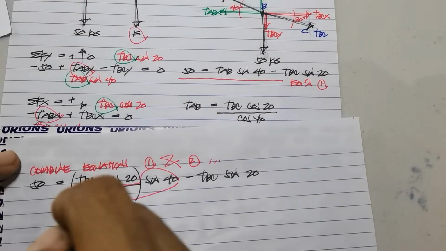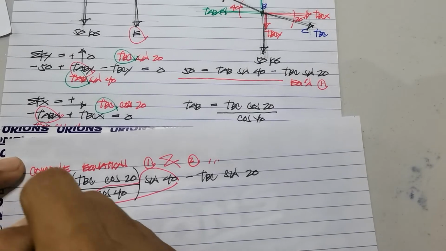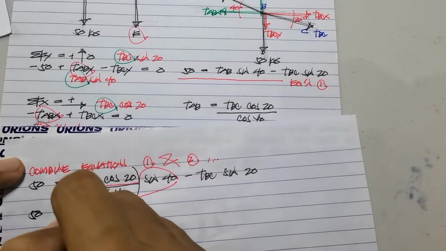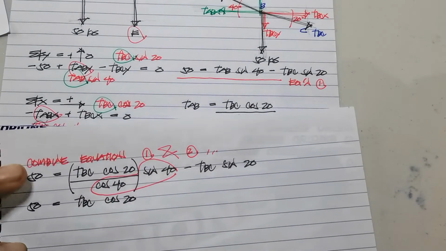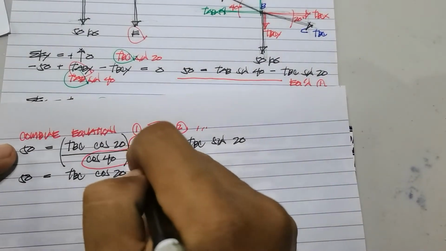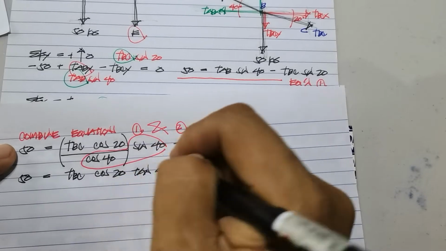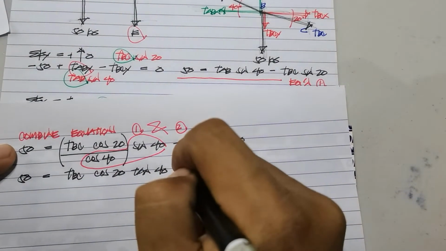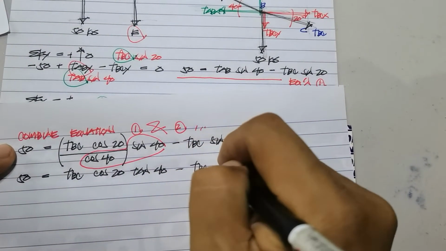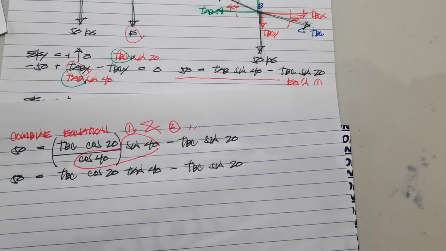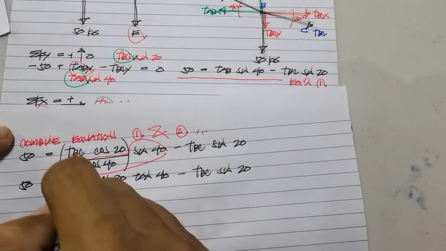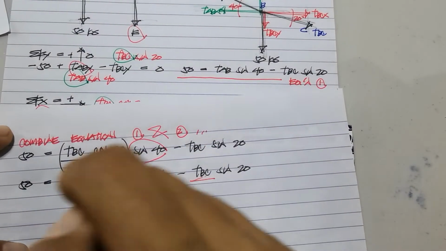So in this case, we have what? You have 50 equals TBC cosine ng 20 tangent ng 40 minus TBC sine ng 20. So, again, if you'll notice, para sila meron TBC value.